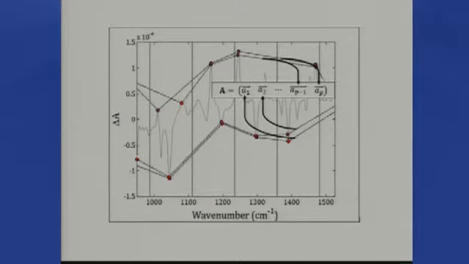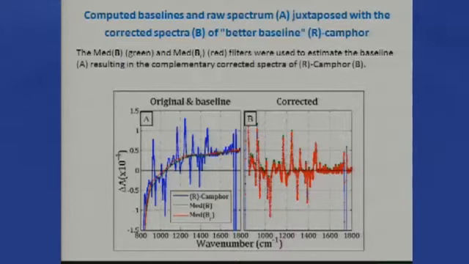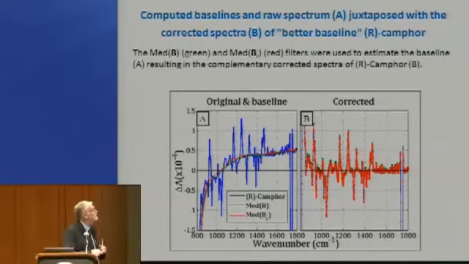But we actually do that with all the data points. This is just two of them, and the median of these turns out to be the baseline, and it works remarkably well. So does this work on these VCD spectra?